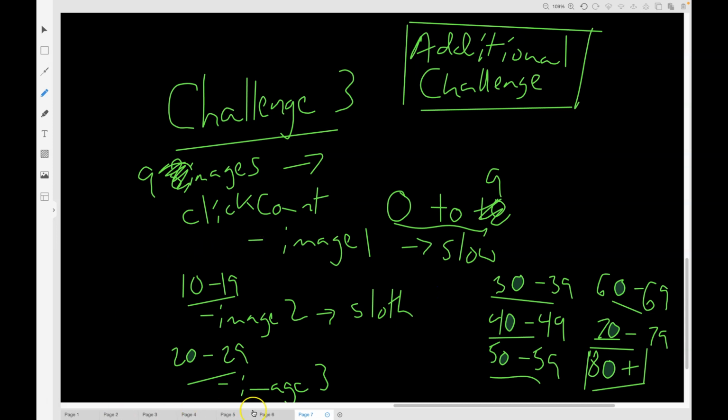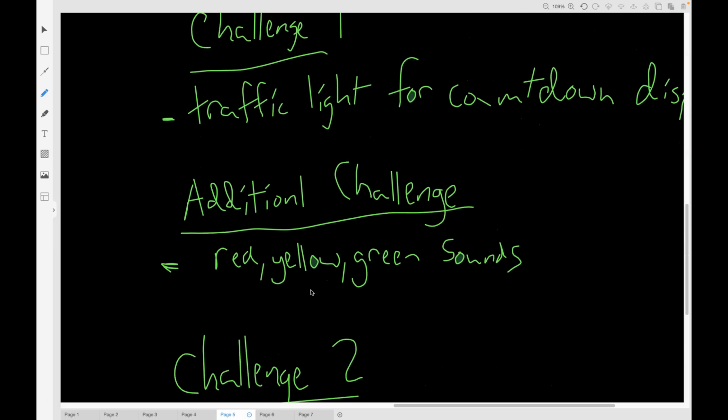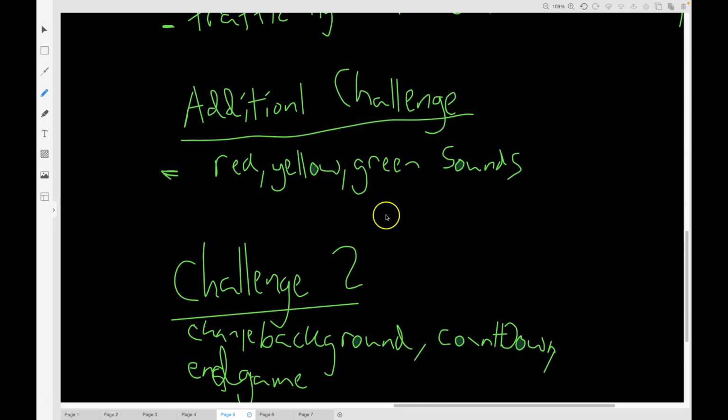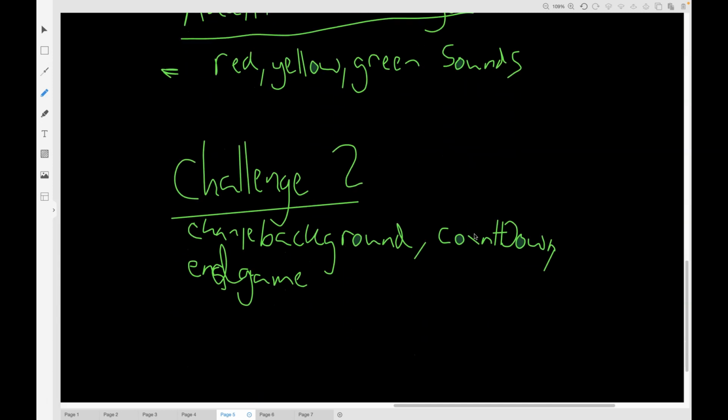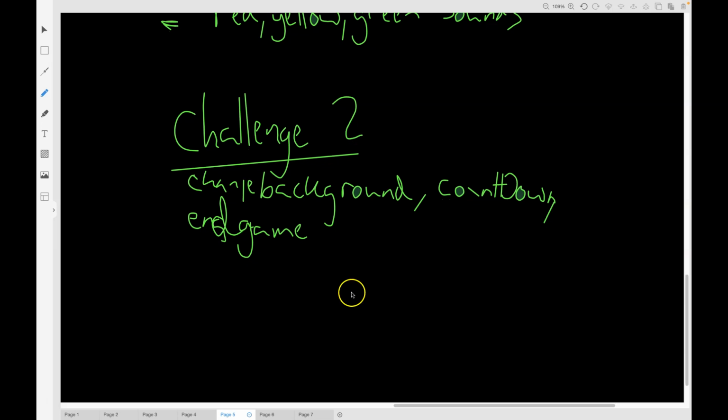Challenge 1 is doing the traffic light for the countdown. The additional challenge would be to have red, yellow, green sounds. Challenge 2 would be to change the background for the countdown, the end game, and the playing of the game.